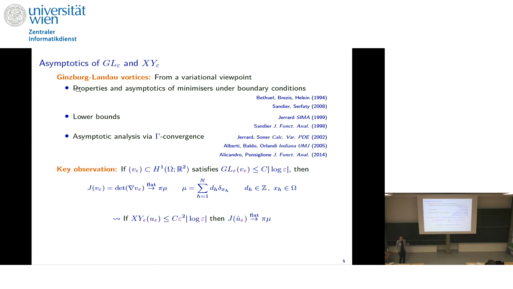This was for the Ginzburg-Landau energy, but the same compactness property also holds true for the XY model energy via the piecewise affine interpolation. Finally, given the limiting measure, you can characterize the gamma limit, which will be nothing but the total variation, up to a factor pi, of this measure in omega.